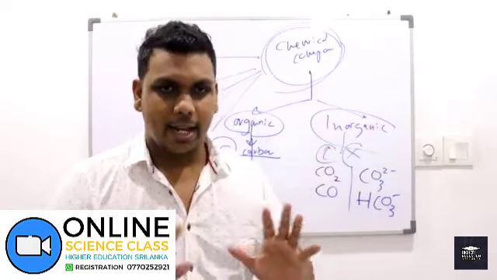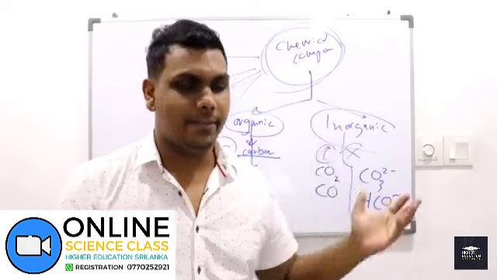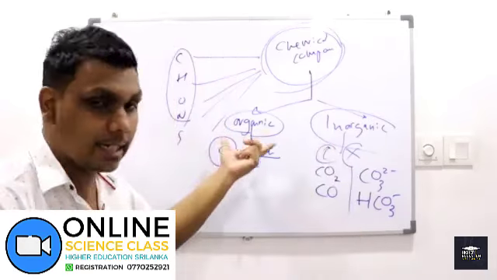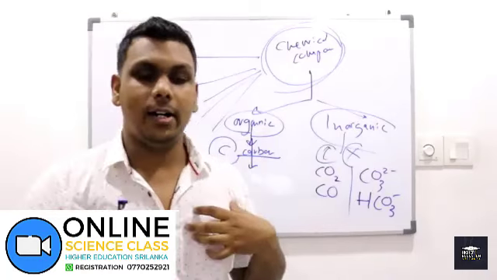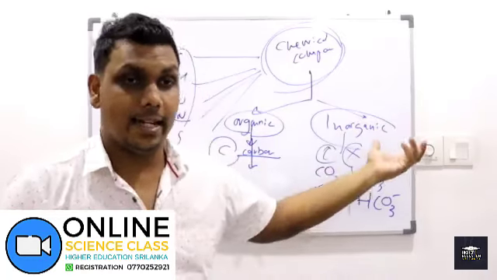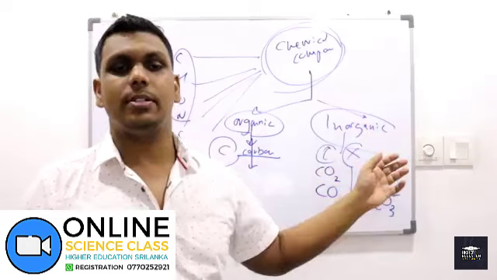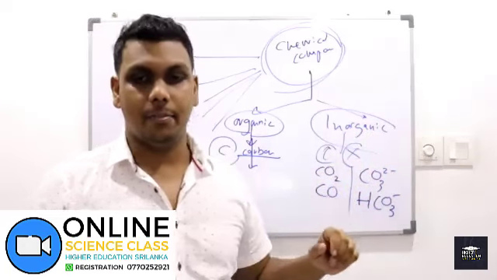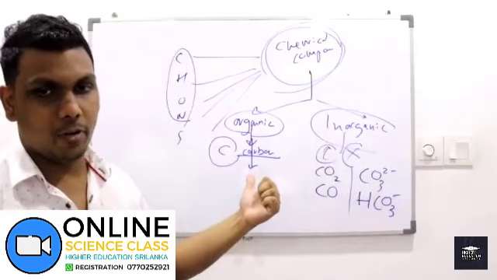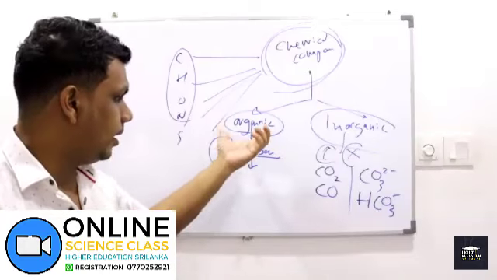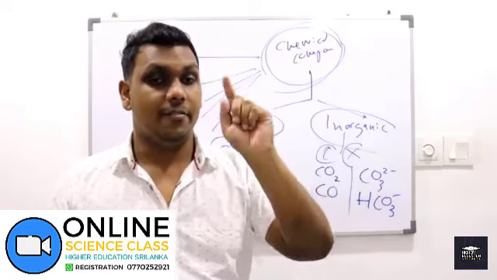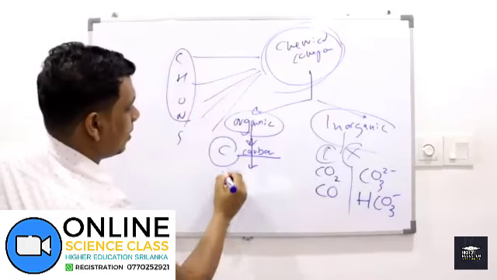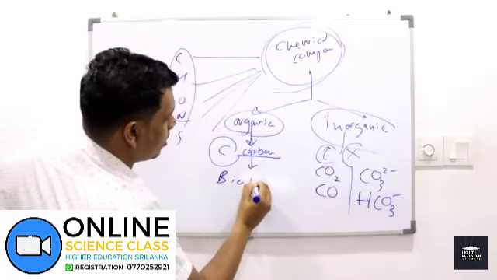Not everything comes together to make our living body, but there are certain organic compounds which come together to make our living body, and there are some inorganic compounds which come together to make our living body. So if we focus on the organic category, there are certain organic compounds which are named as biomolecules. Write it down.